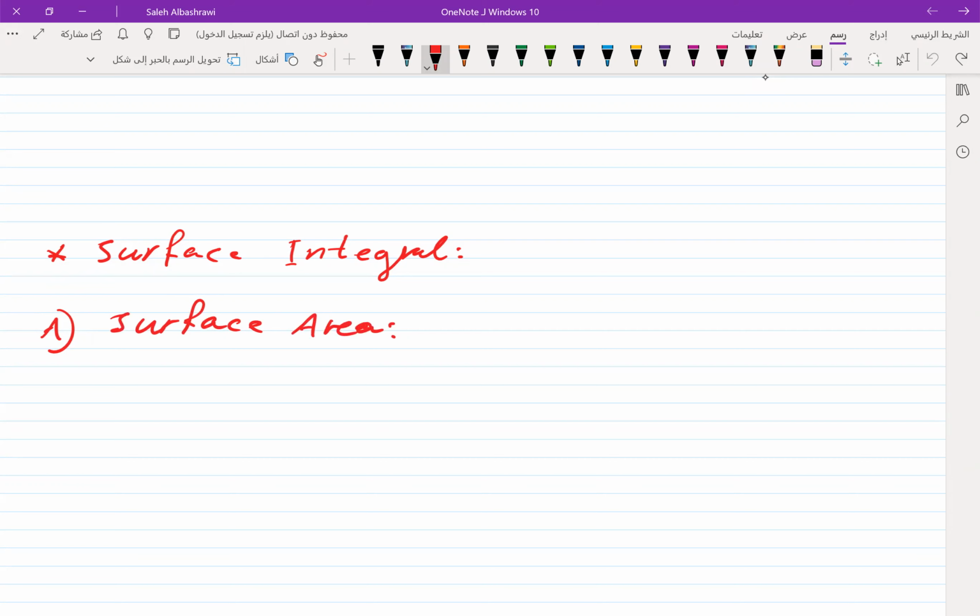See what I mean by the surface area. Let's give the statement of the definition.